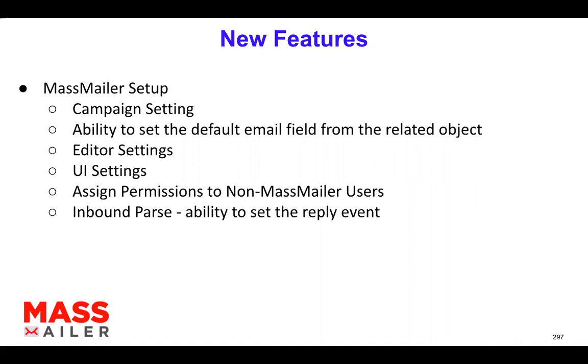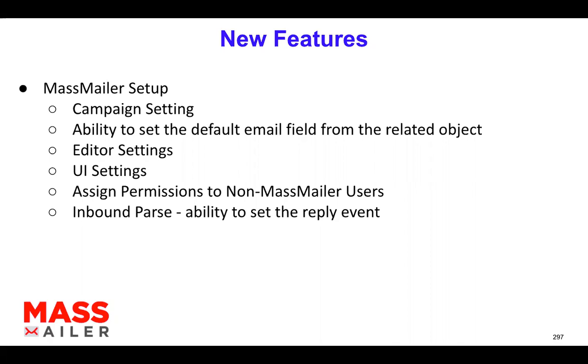And then so far in the MassMailer setup, you must have seen the ability to add an object, whether it is a standard object or a custom object, provided there's an email field. But in the previous version, we changed that a little bit, and we enabled even the related objects, in which you can select a related object or any object, whether you have an email field or do not have an email field, you can still add an object.